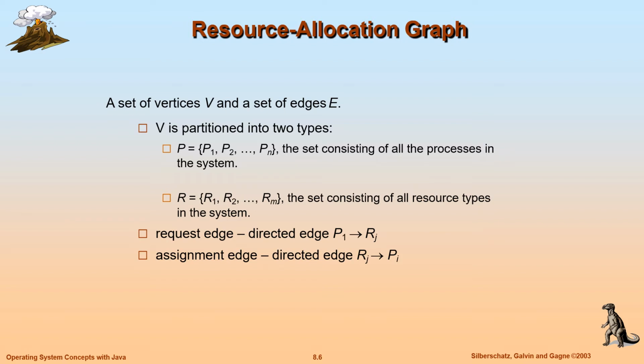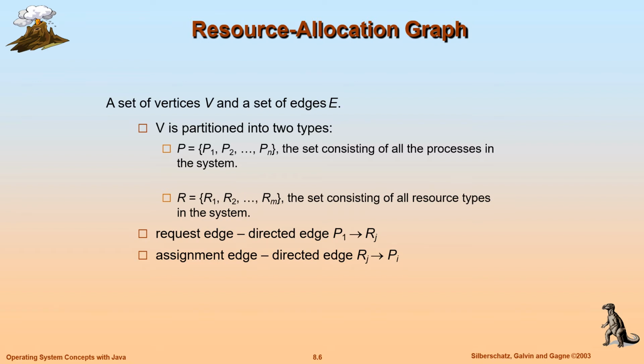Here we have a set of vertices V and a set of edges E. V is partitioned into two types: P, the set consisting of all the processes in the system, P1, P2, P3, and R, the set of all resource types in the system, R1, R2, up to Rn.